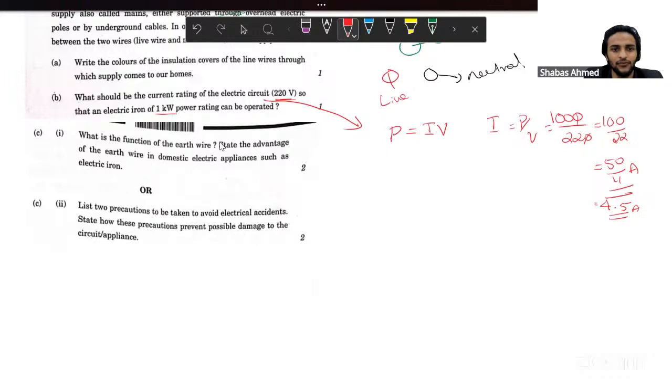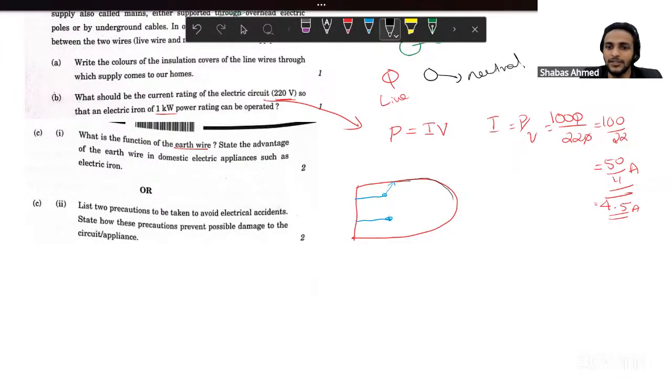What is the function of earth wire? To remove the unwanted excess current in an electric circuit. State the advantage of earth wire in domestic electric appliances such as electric iron. Suppose this is an iron box, and inside the iron box this is the heating coil, that is the nichrome. Suppose the nichrome is in contact with the metal body of this iron box, some charges will be flowing through this metal body.